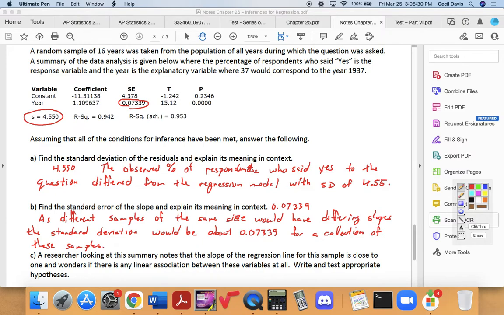So in other words, if you took a whole bunch of samples of the same size, this would be the standard deviation for that. Let's stop there.